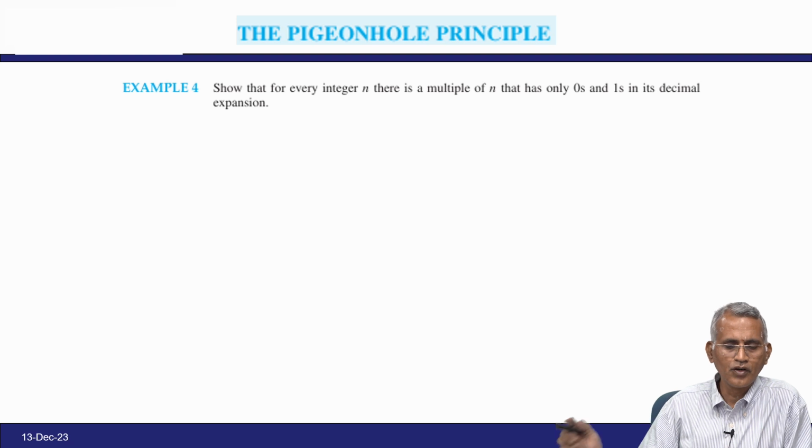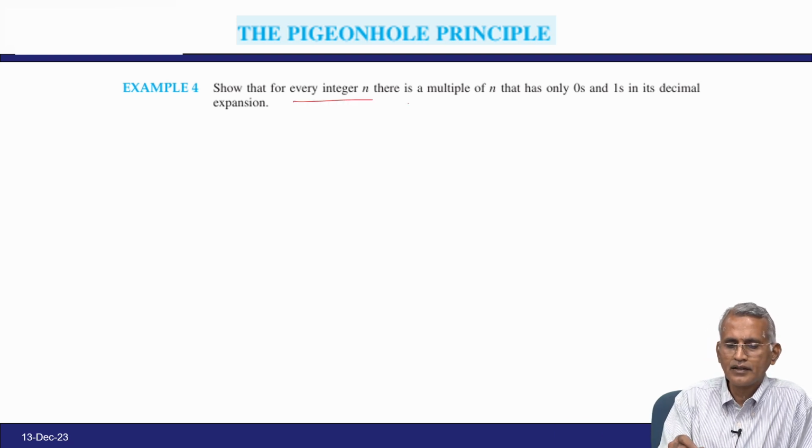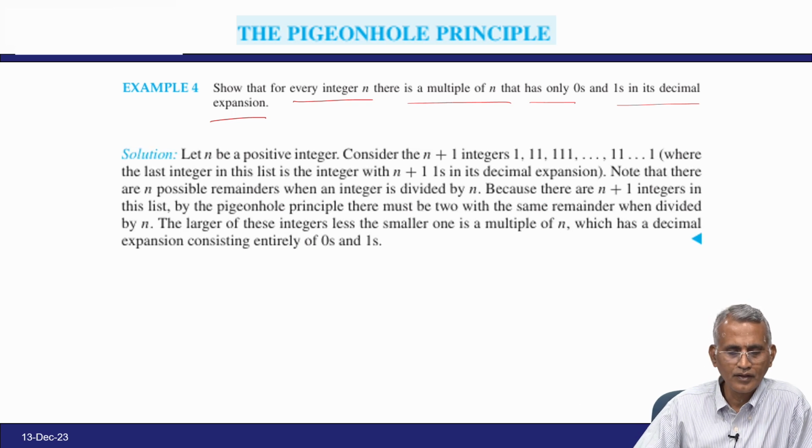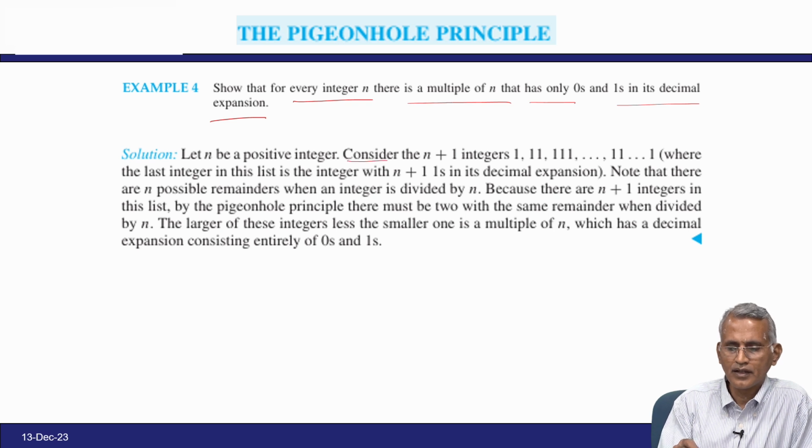Now, another example: show that for every integer n there is a multiple of n that has only zeros and ones in its decimal expansion. The solution: let n be a positive integer. Consider the n plus 1 integers 1, 11, 111, and so on up to the integer with n plus 1 ones.